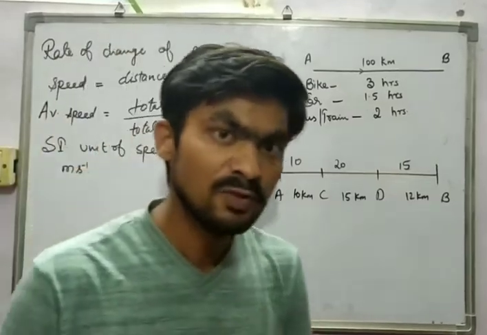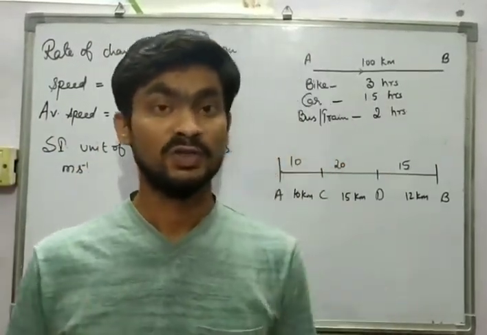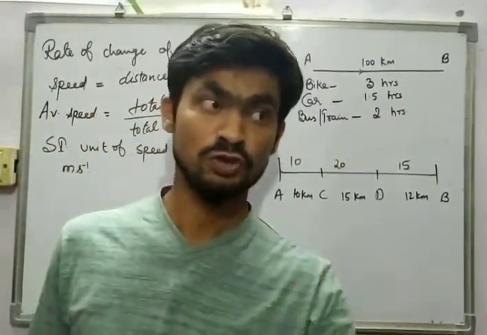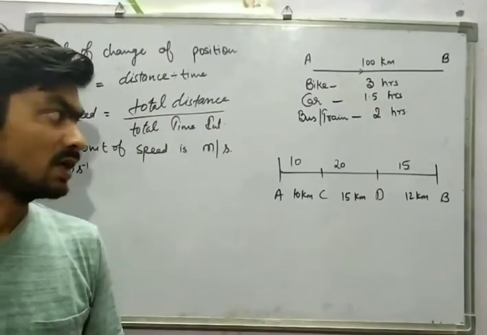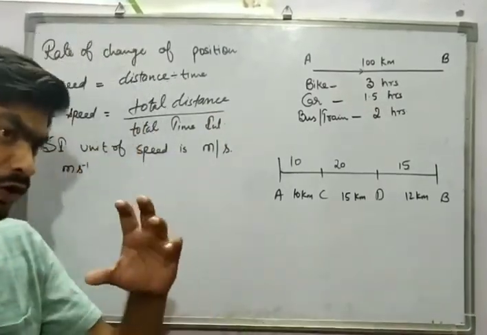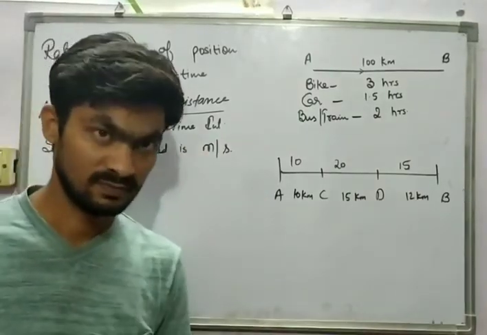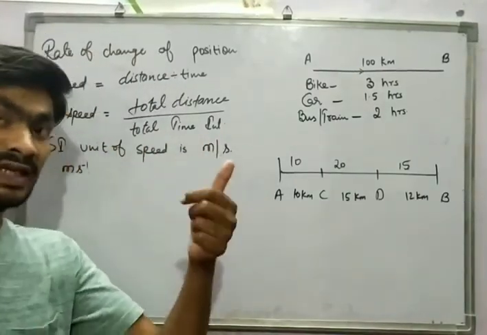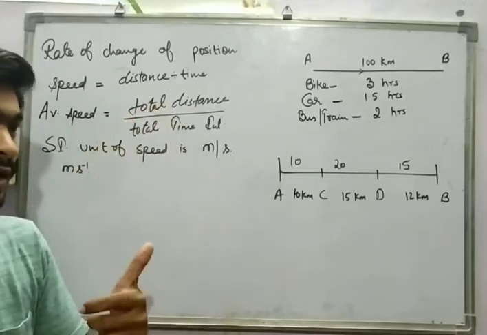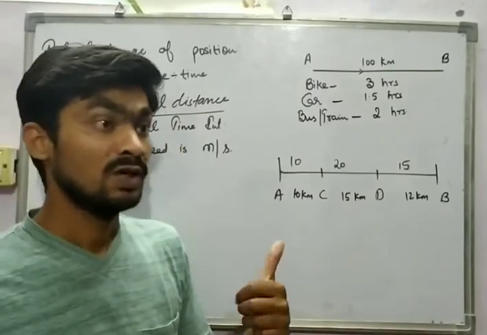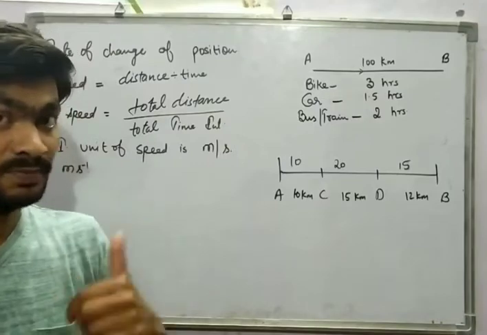So till now we have not discussed the direction of the change of position of an object. But if the object is changing its position in a particular direction, so there, as I have discussed in the previous video, you can watch there if you have not watched, what is displacement, I have discussed there.